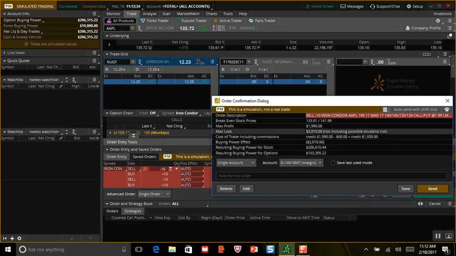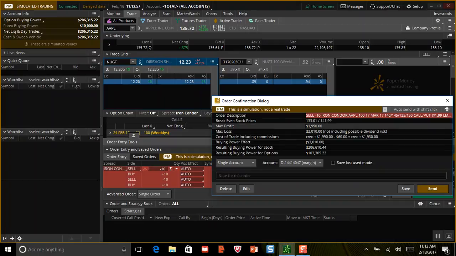Okay, so I did 10 contracts, and you see this is my paper trading account, and I'm trying to learn the software of Thinkorswim. And so this is my paper trading account, and I just did a credit iron condor for 10 contracts, which would actually be 40 contracts, I guess.